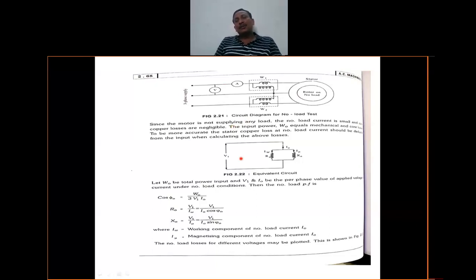By applying rated voltage, we can conduct this experiment.